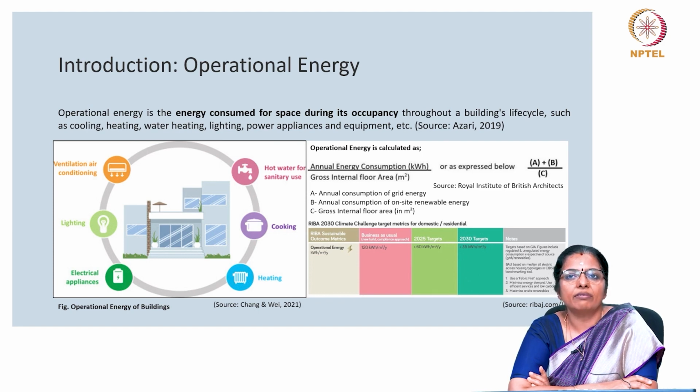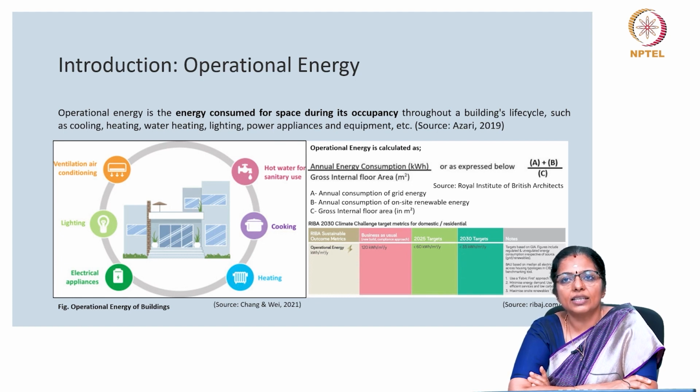In addition to saving costs, efficient operating energy management and reduction are essential for reducing carbon emissions and promoting environmental sustainability. Several strategies, including the integration of renewable energy sources, the use of energy efficient technologies, the optimization of building systems, and the emphasis on occupant behaviors, are employed in the management of operational energy.